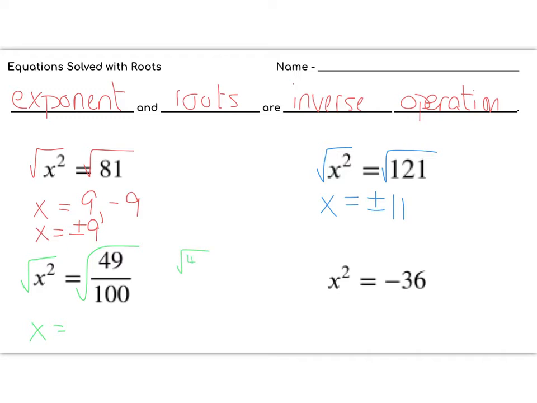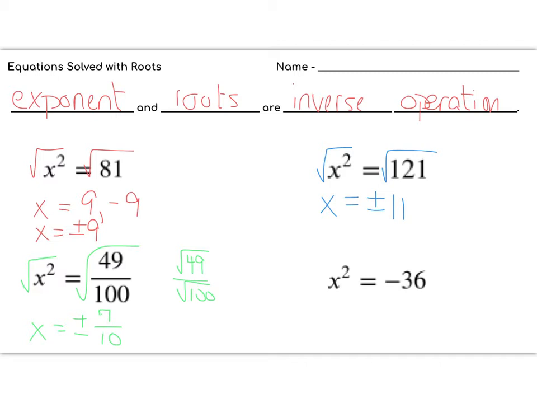So we're going to take the square root of 49 and we're going to take the square root of 100. So the square root of 49 is what? It's 7. The square root of 100 is what? It's 10. And remember that this could be a positive 7/10 or a negative 7/10.